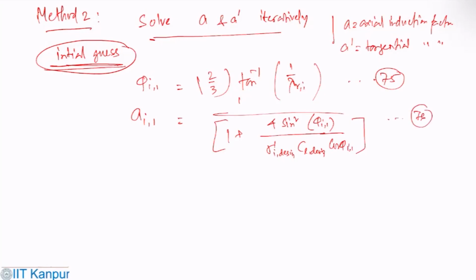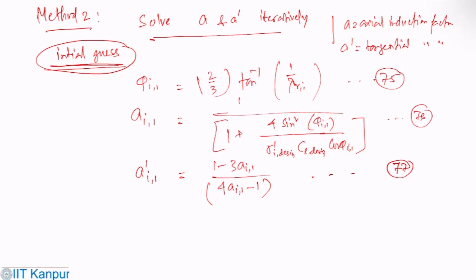So this is what you get, and then a prime i1 is 1 minus 3 a i1 by 4 a i1 minus 1. Okay. So this is what allows you to get the flow angle, axial induction factor a i, and a prime i.